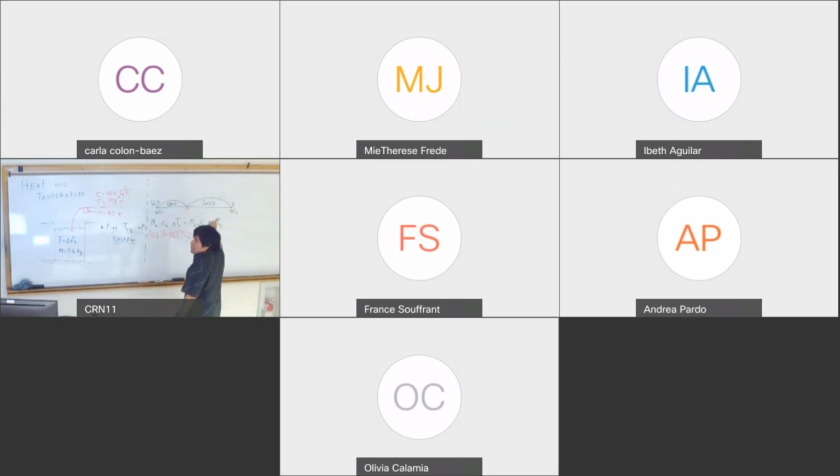What about for iron though? Here is where students tend to make mistakes. The mass of iron, 80 grams, that's 0.08 kilograms. The C of iron is 460. But look, what is the change of temperature for iron?